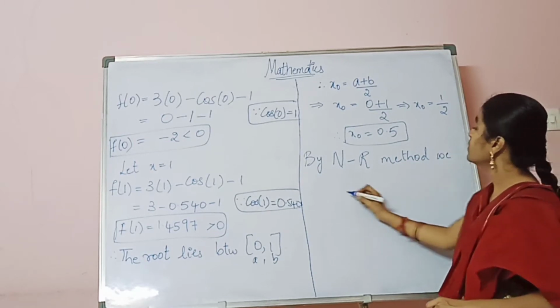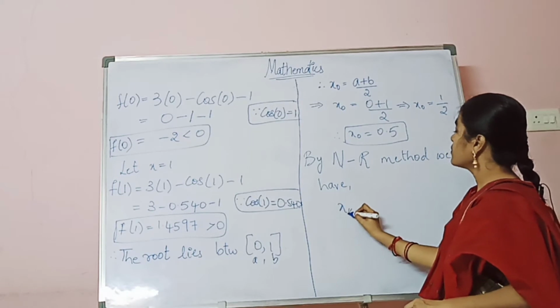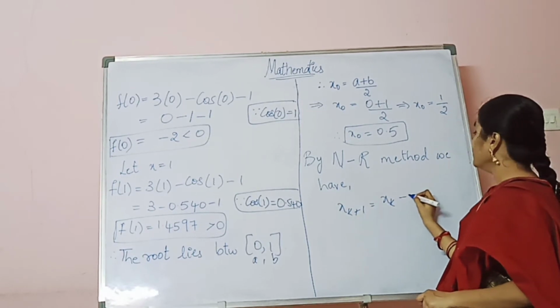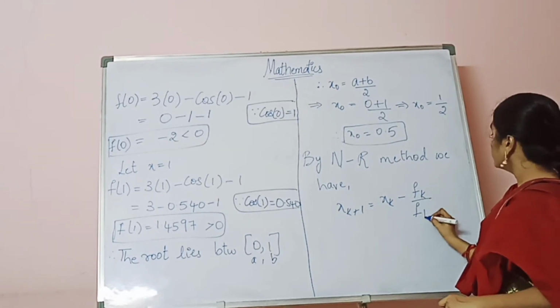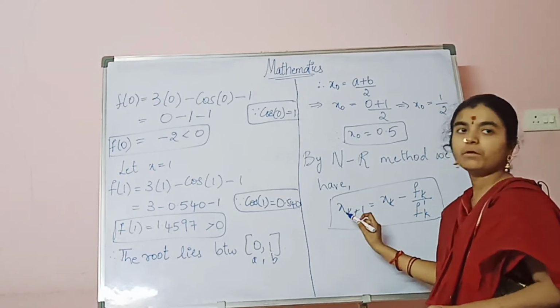By the NR method we have xk plus 1 equals xk minus fk by fk dash. This is the formula of the NR method.